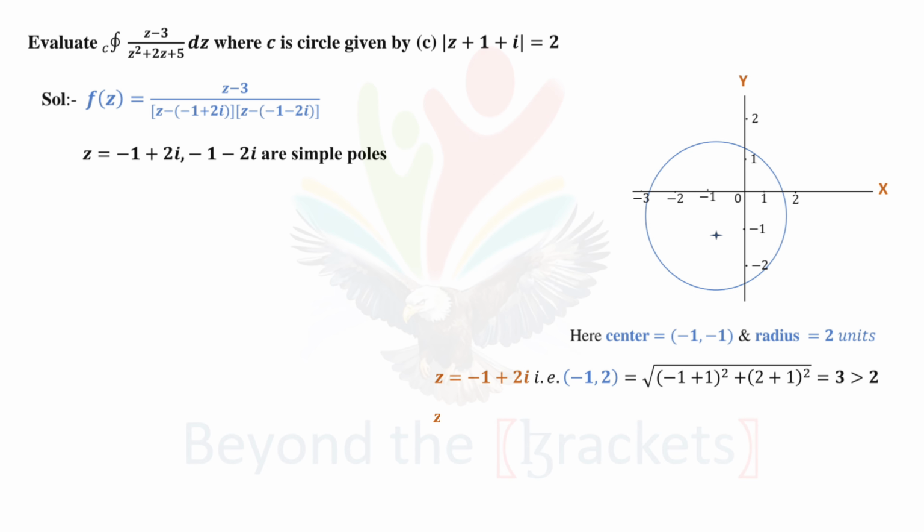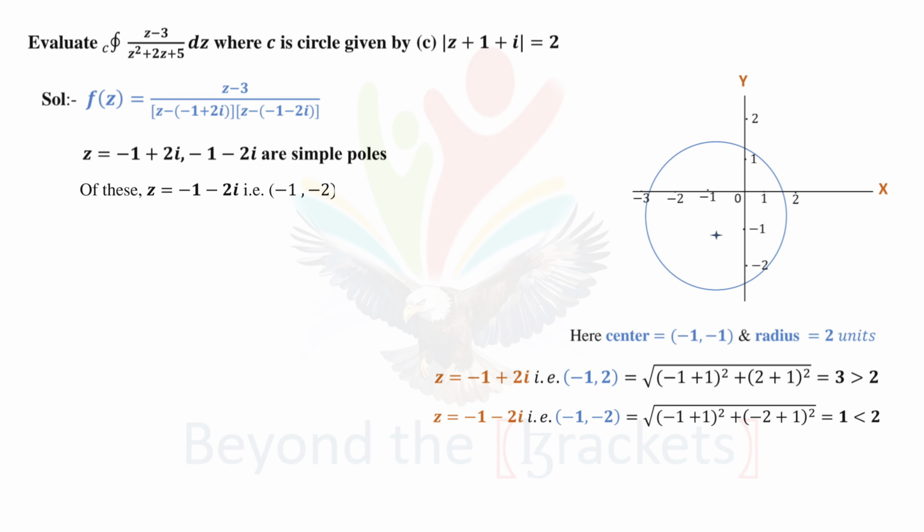For the pole -1 - 2i, the distance is given by the square root of (-1 + 1)² + (-2 + 1)², which is 1, which is less than 2. This pole lies inside the given circle. Calculating residue at this pole, we have m = 1 and a = -1 - 2i.